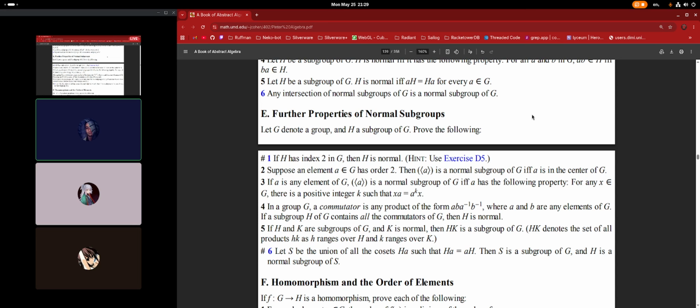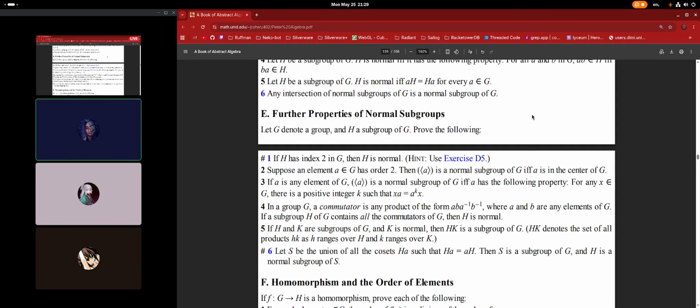So being normal means that you have the elements and their conjugates in yourself, right? Yeah, being normal means every possible conjugate by the larger group doesn't take you out of the subgroup. Oh, wait. So that's stronger than what I said.